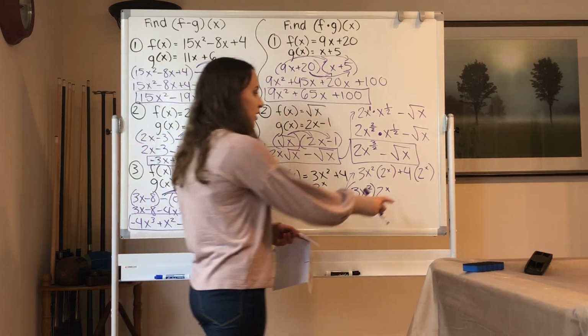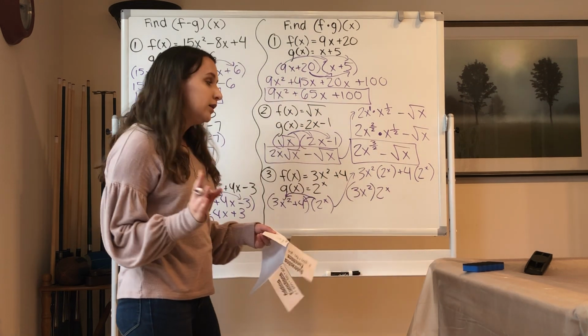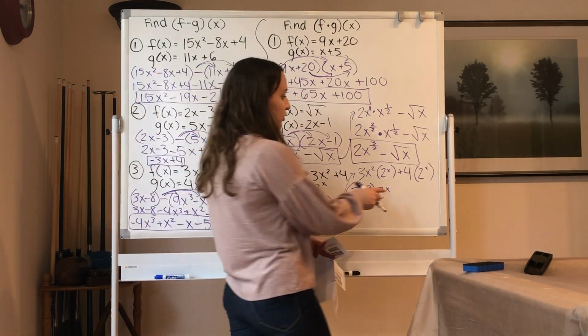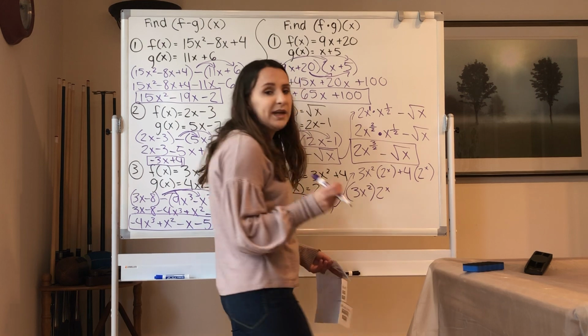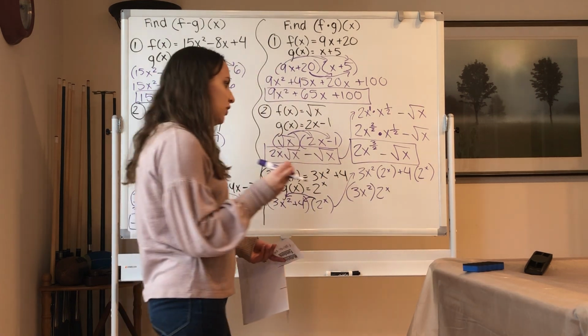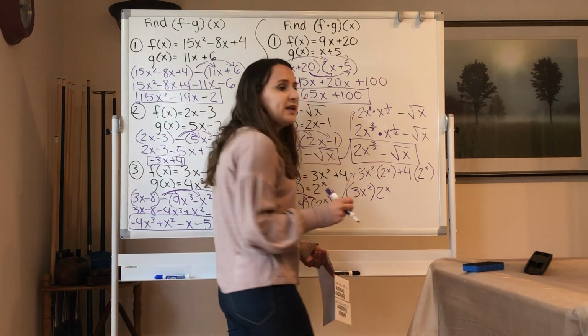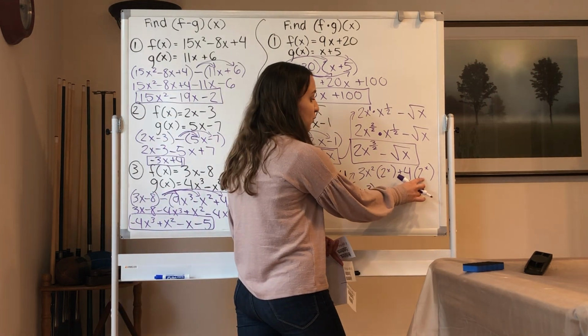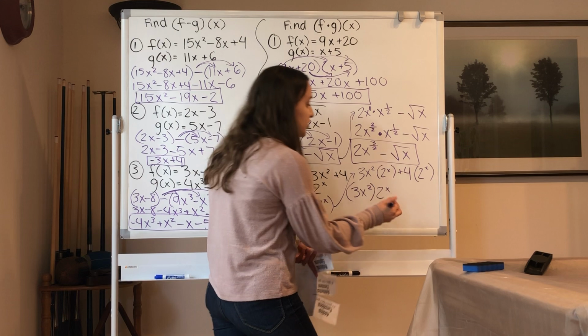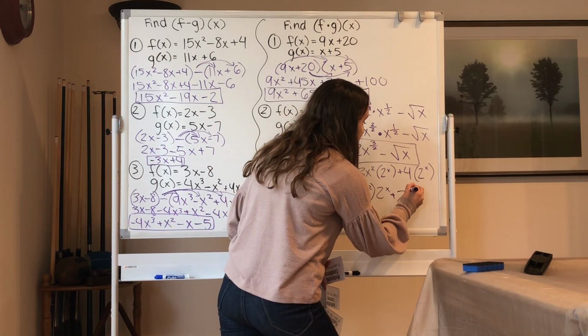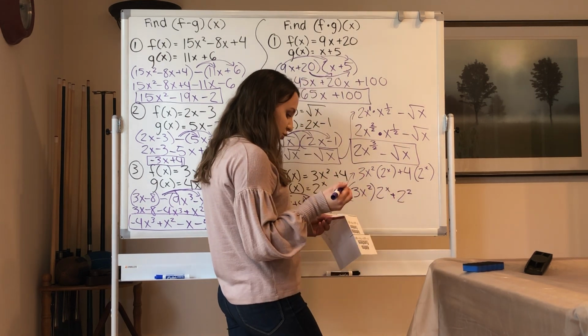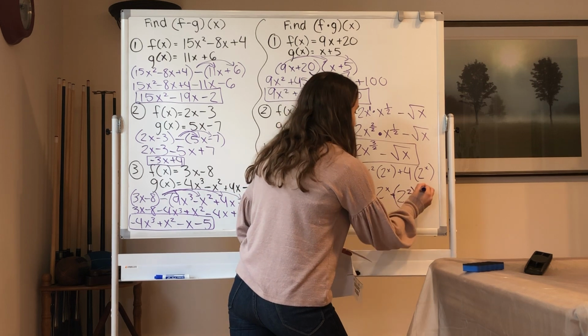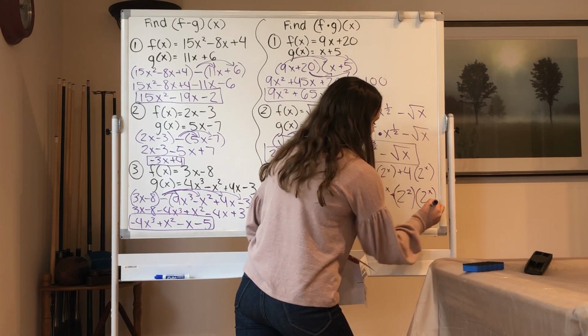Now, with this part, you can simplify more. You can make the 4 into a base of 2. We did this months ago. If you want to make 4 with a base of 2, you change the 4 to 2 squared. Then you can combine it with this 2 to the x. So now I have 2 squared times 2 to the x.